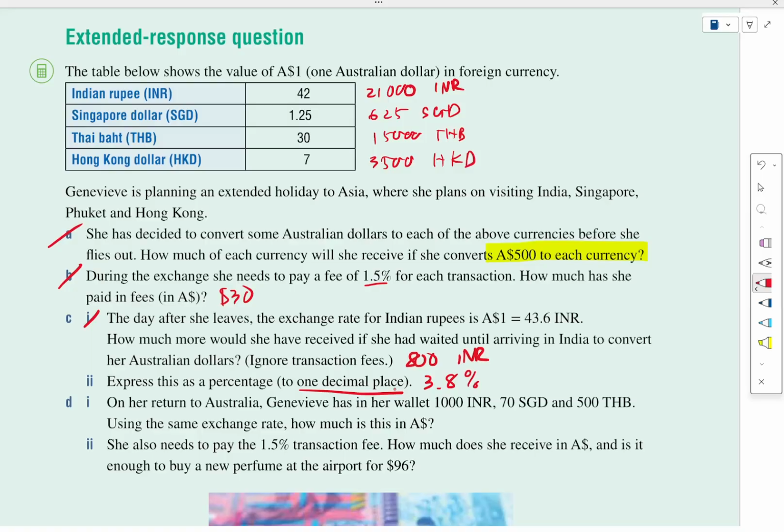Okay, good. Now, on her return to Australia, Genevieve has in the wallet this amount here. How much is this in AUD?